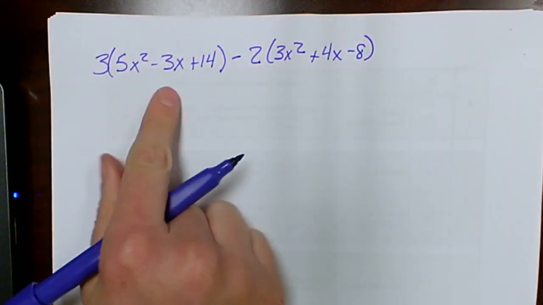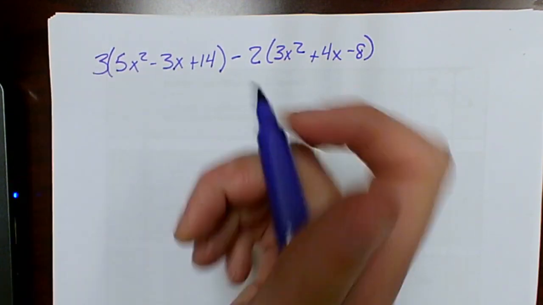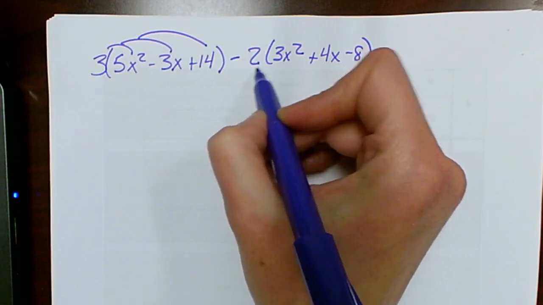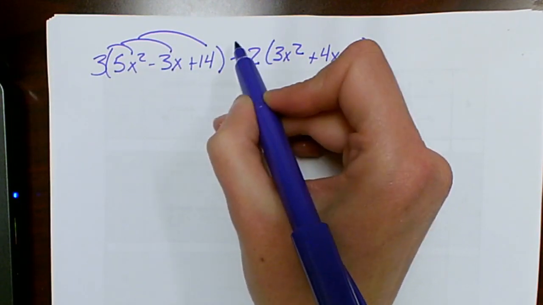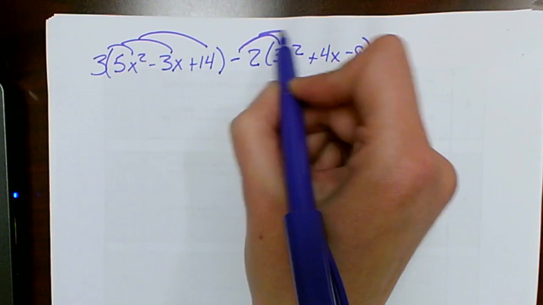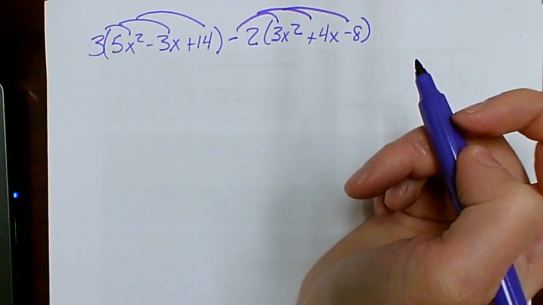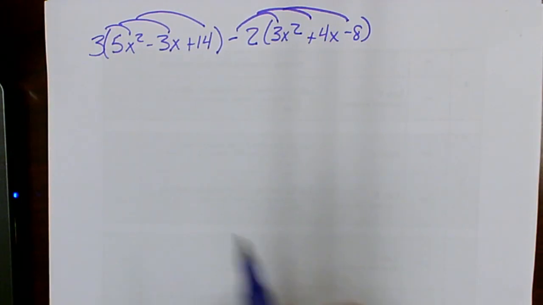Anytime we have a number in front of the parentheses, we are going to distribute that through. This is not only a positive 2, it's actually a negative 2. We are going to distribute that as if it's a negative 2 because technically it is. We're going to distribute that through, and then when we are finished distributing, we can add like terms.